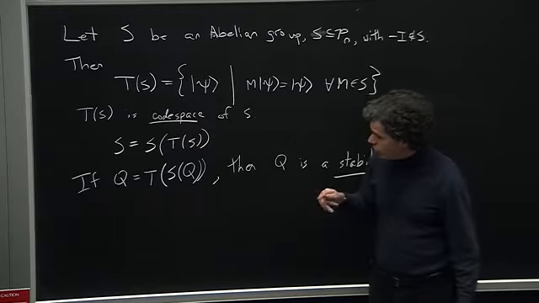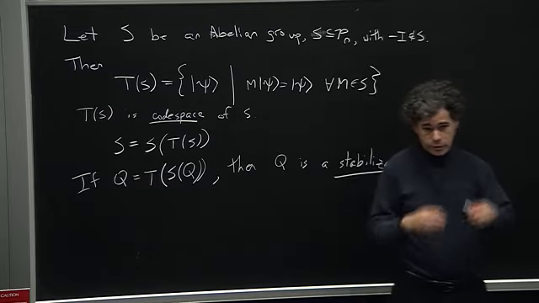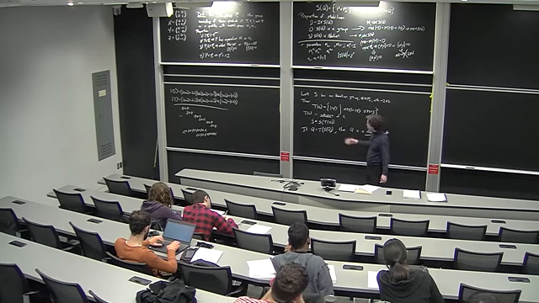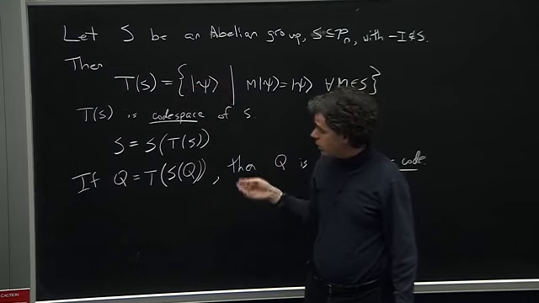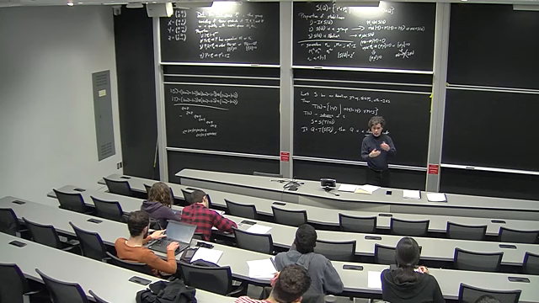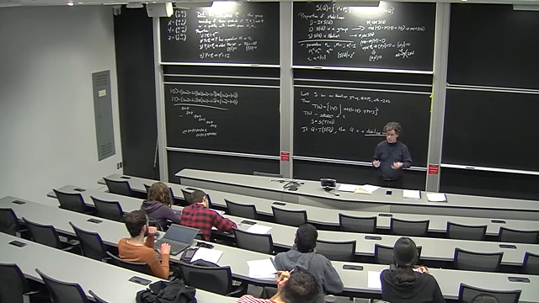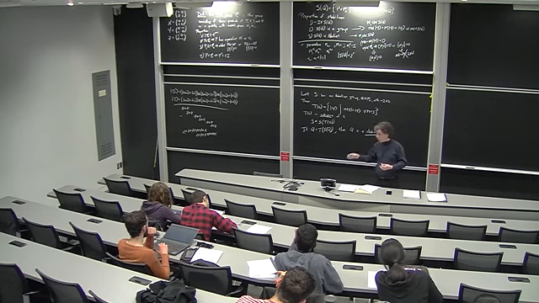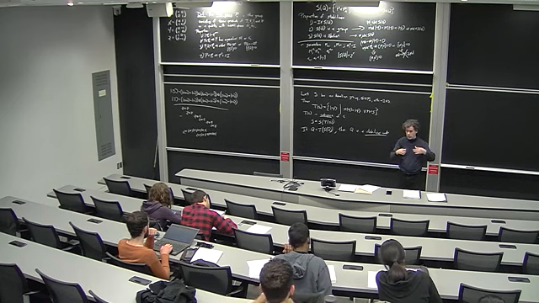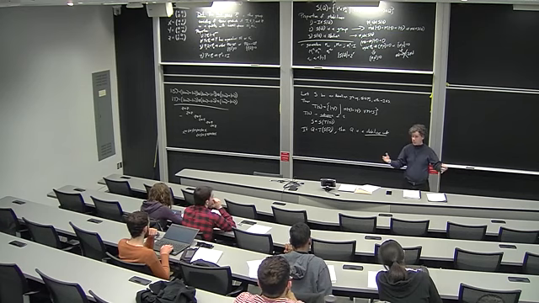And so for a stabilizer code, it's basically equivalent to define the code via the subspace Q or via the stabilizer S. Right, because if you're given S, you can get the code space this way, and if you're given Q, you can get the stabilizer that way. And you can always go back and forth without adding anything else. Whereas if it's a code that doesn't have this property, then the stabilizer would be kind of under-specifying the code, right? It would be specifying some subspace that's bigger than the code.